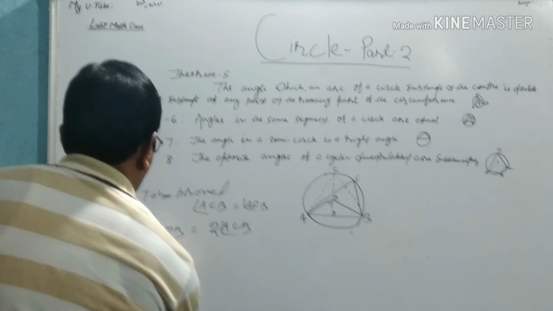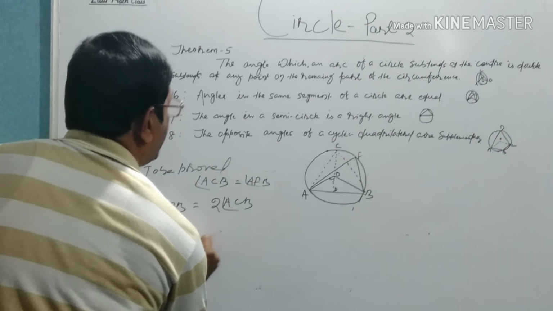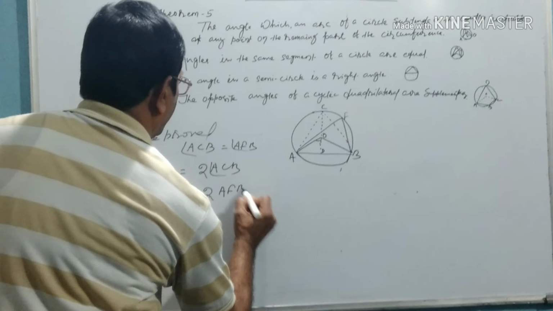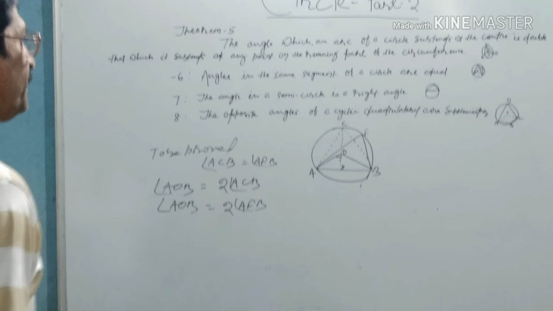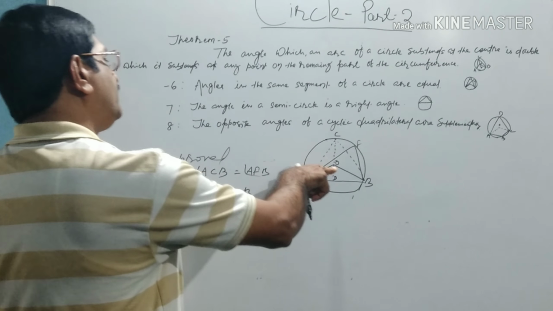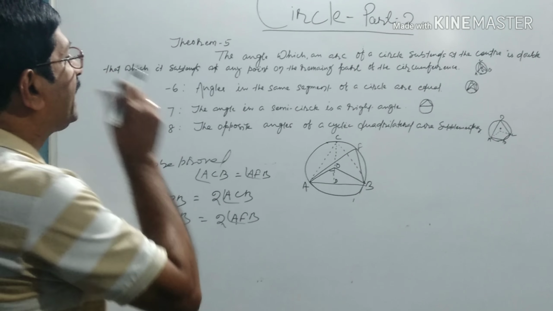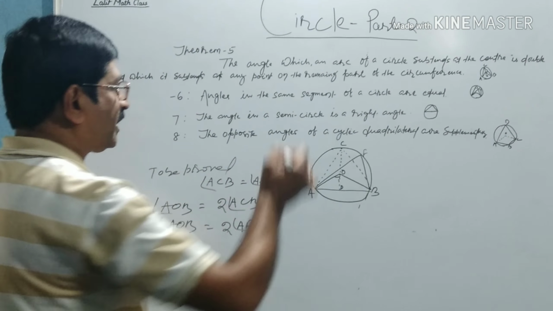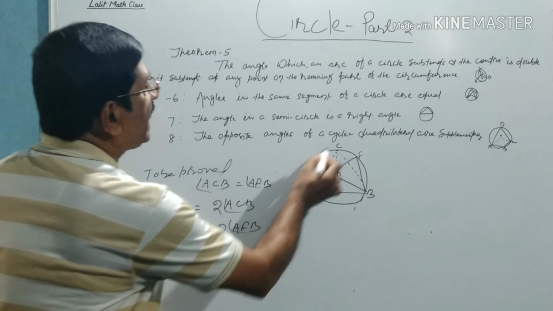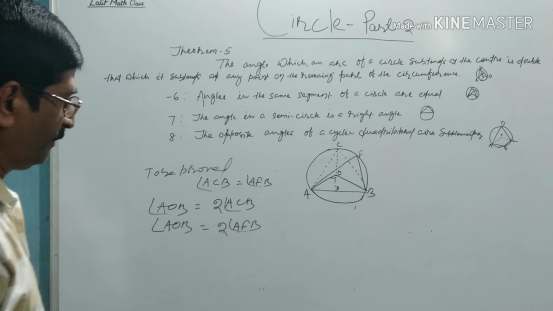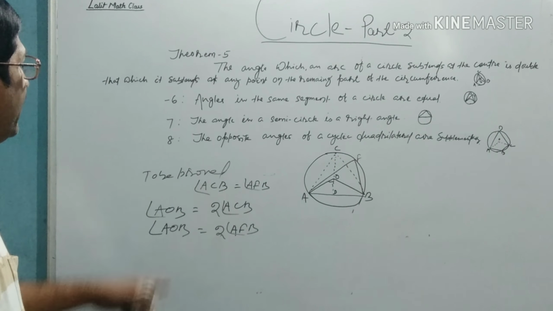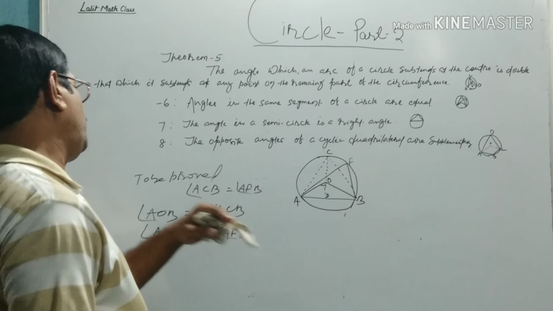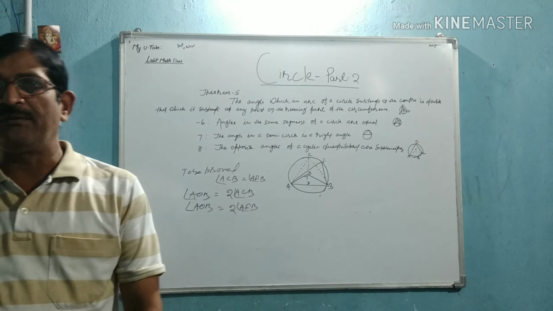Similarly, angle AOB equals 2AFB. You can see AOB is the fixed center angle, and AFB is also at the remaining part of the circumference, and ACB is also at the remaining part of the circumference, and that is why AOB is equal to 2ACB and AOB is also equal to 2AFB.